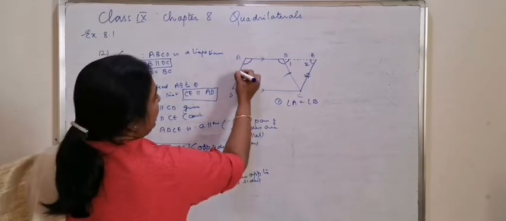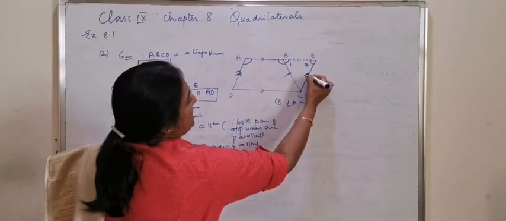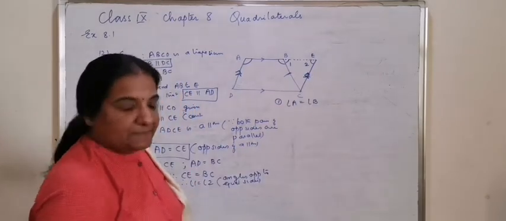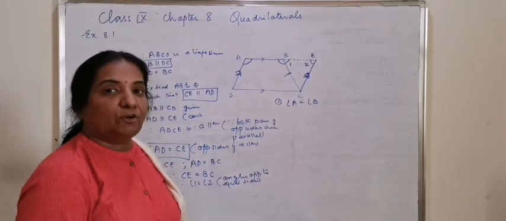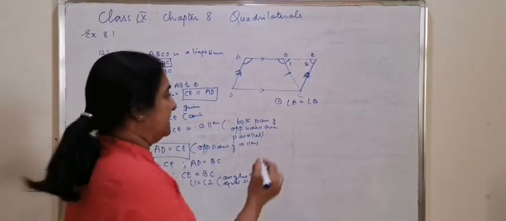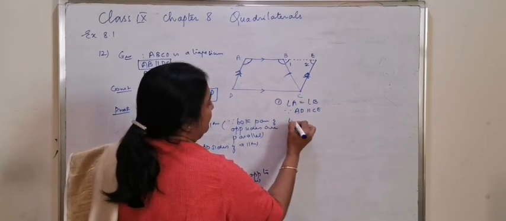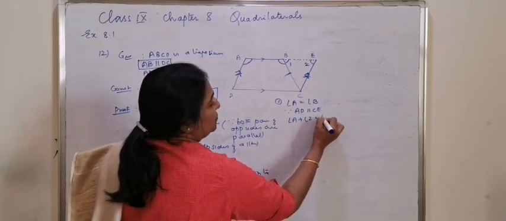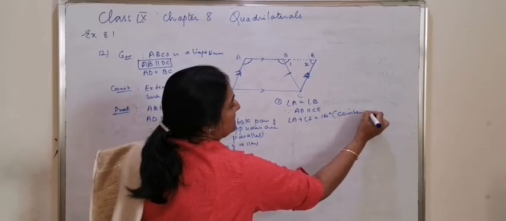If you consider AD and CE as parallel lines, angle A and angle 2 are a pair of co-interior angles. So, since AD parallel CE, angle A plus angle 2 is equal to 180, co-interior angles.